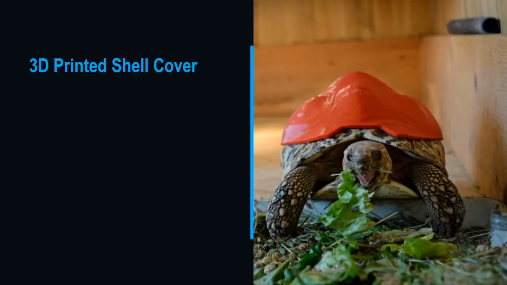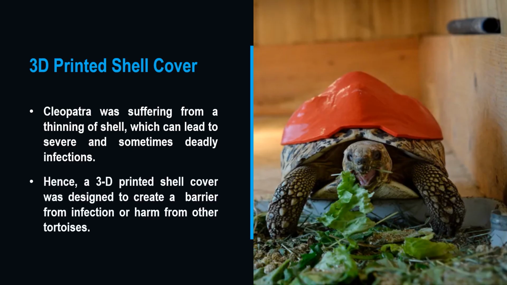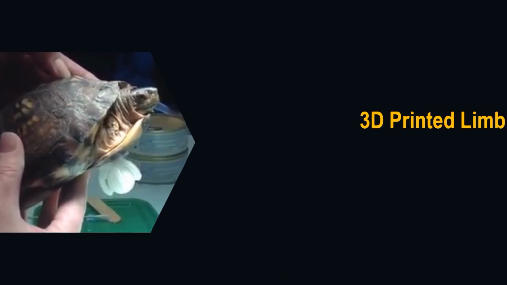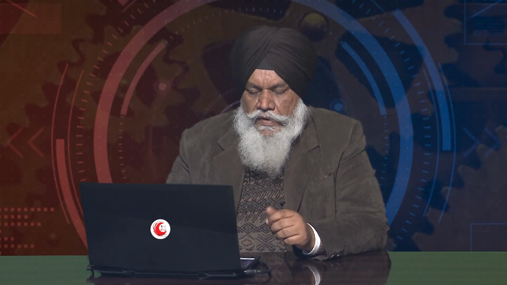Then you can see in another example, because of some allergy or skin problem, the shell of the tortoise was damaged, and a polymer based, basically ABS, outer cover has been put around this tortoise. Similarly, there is another very popular case study in which people have developed a prosthetic part for this tortoise, and it can move here and there.